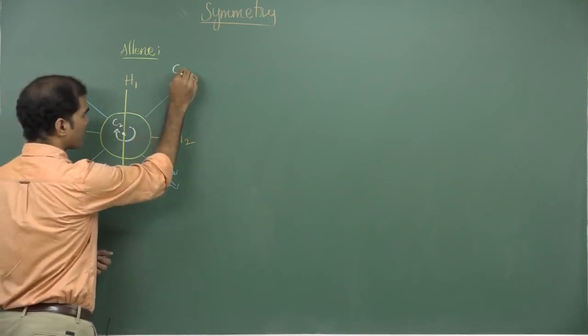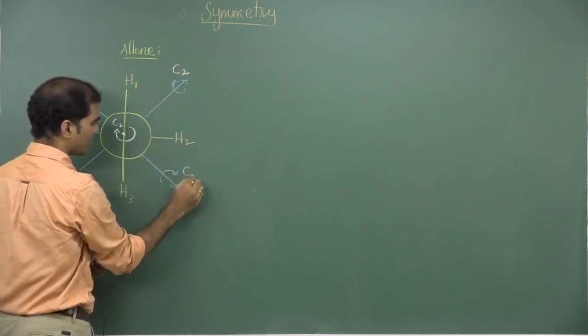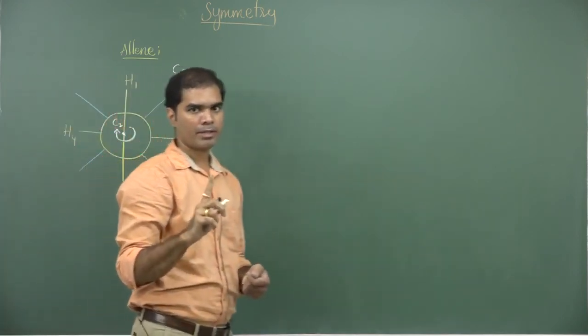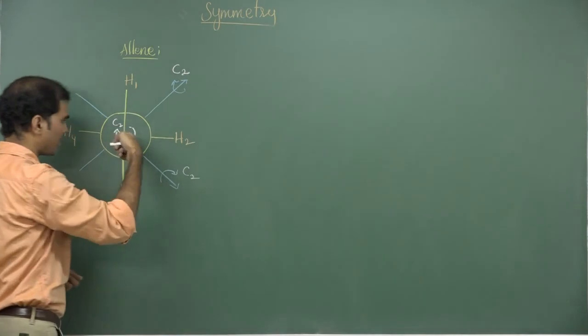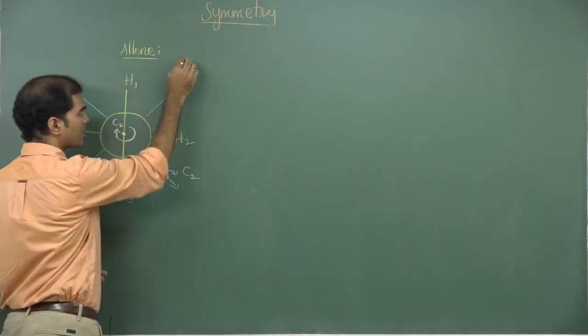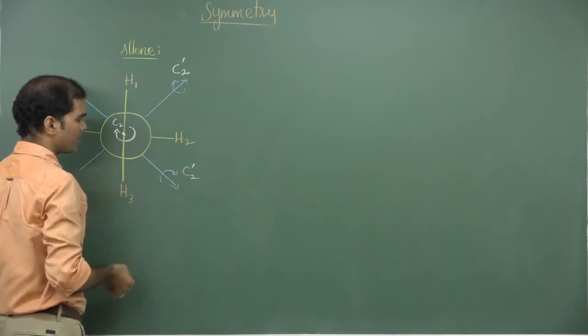So this I am calling a C2, this is also a C2. Since these two C2s are passing only through the central carbon, whereas this C2 is passing through 3 carbons, this will become the principal axis and these two will become the subsidiary.